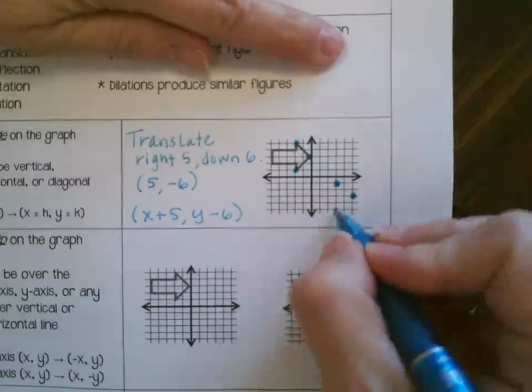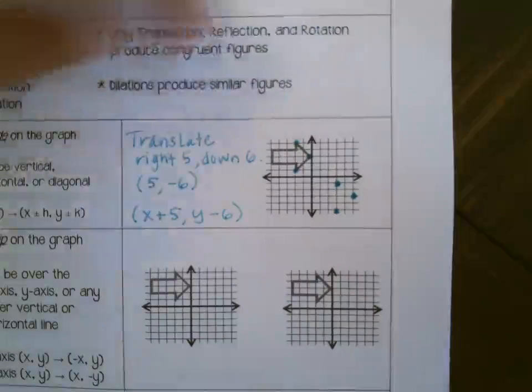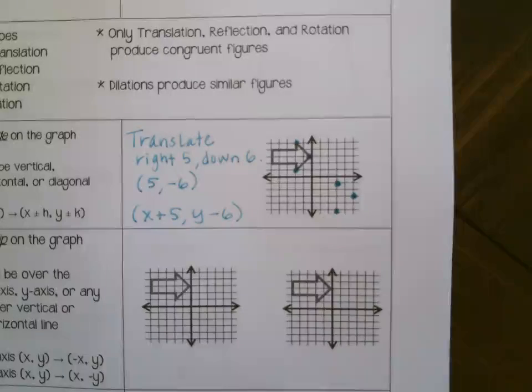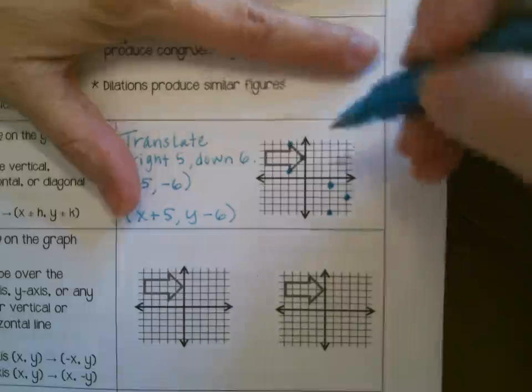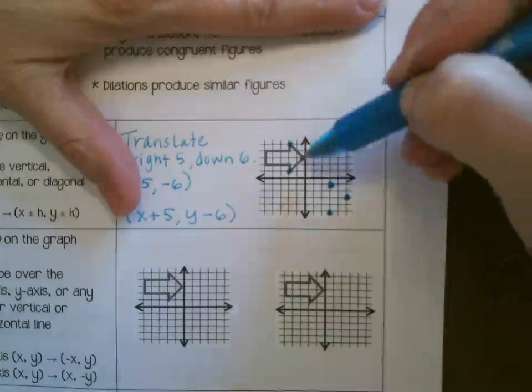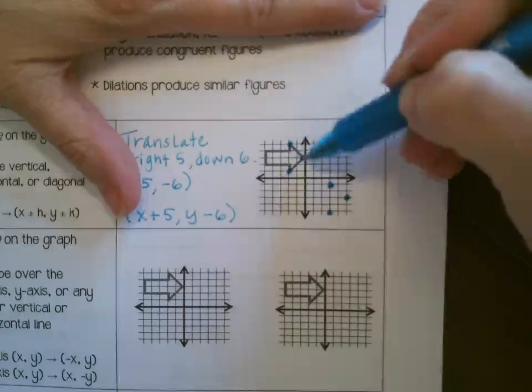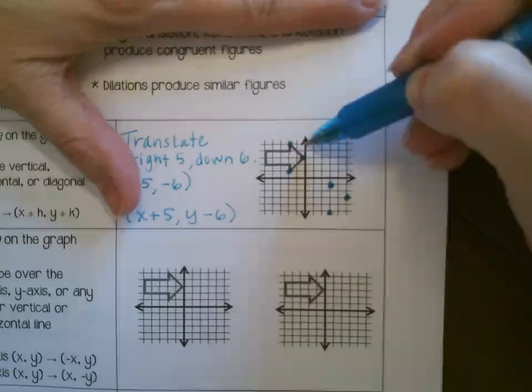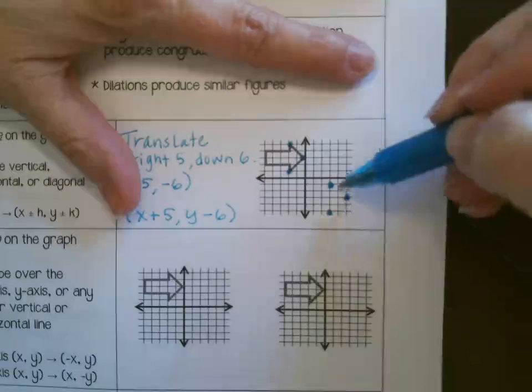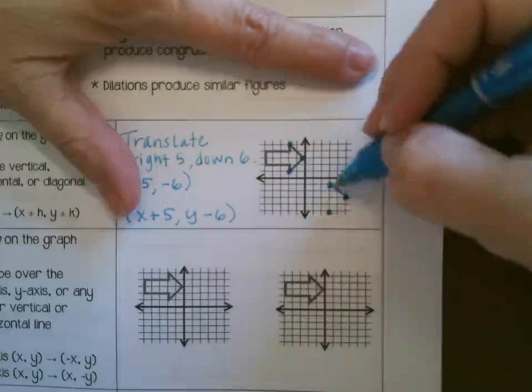All right, now I'm going to pause because even though a translation means that every single point is moved by that amount, at this point, I'm just going to run a quick check. I can see that from here to here, I go up 2 and left 2, which is the same thing that happened right there.